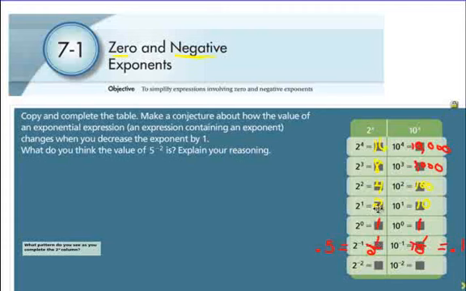Right? This is 2 over 1, so 1 over 2. So what we're really doing is we're taking the reciprocal. So if I know what 2 squared is, which is 4, I know 2 to the negative second power is 1/4. So 10 to the negative second is going to be 1 over 100.